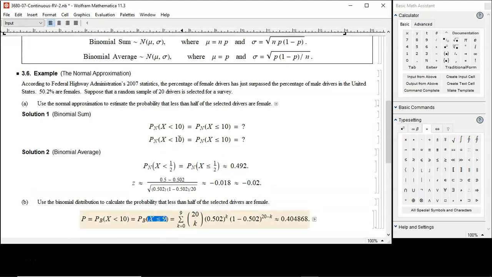I want less than or equal to 9. But then again, that's same as less than 9 as far as the normal approximation is concerned, because this is continuous random variable. But then again, hey, I want less than or equal to 9, not less than 9.